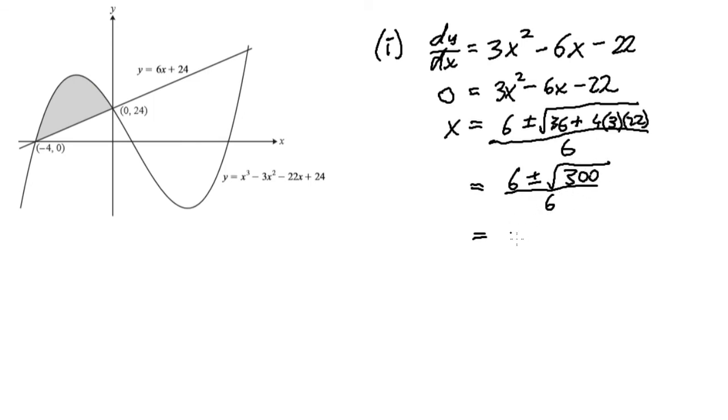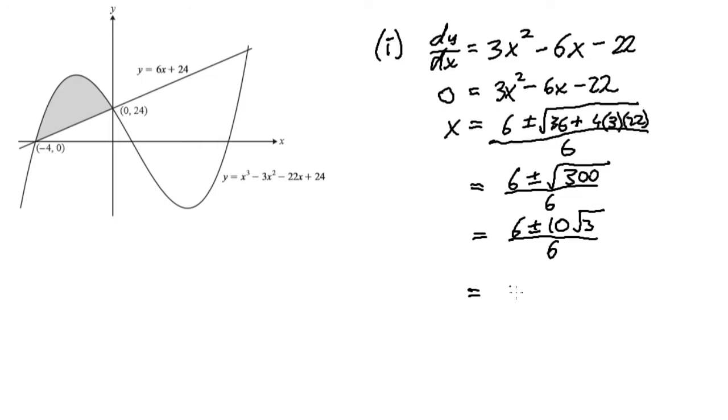So this whole expression is 6 plus or minus 10 root 3, divided by 6, and you can simplify this, or you can just type it in your calculator to get the two decimal places answers, because for particular reasons C2 likes to ask you for non-exact answers, which will never happen at higher papers.